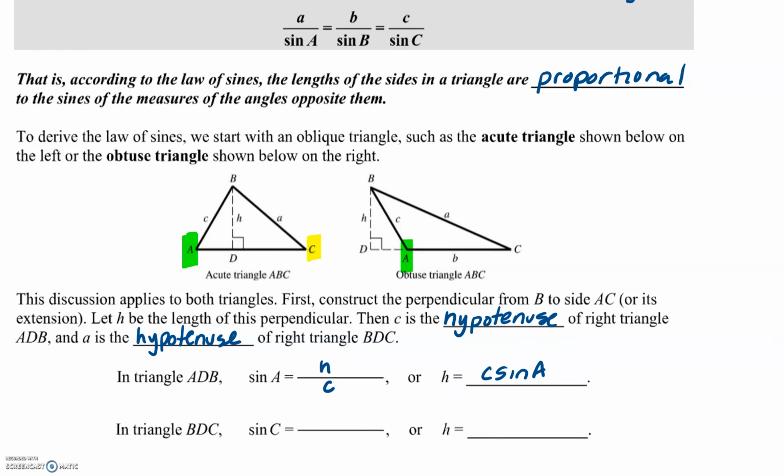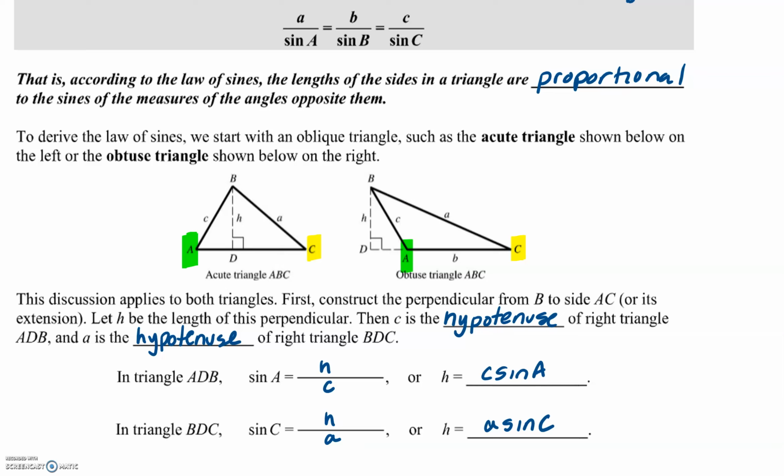In our acute triangle, we have that in triangle BDC, the sine of C is h over a. So multiplying both sides by a, we get h is a sine of C. And again, this is the same. If I look at C on the obtuse triangle, the sine of C, because the right triangle is D, is still h over a.